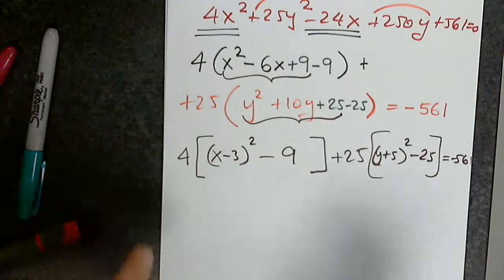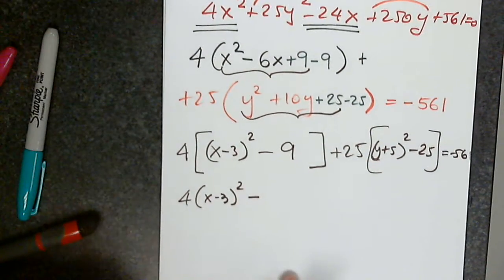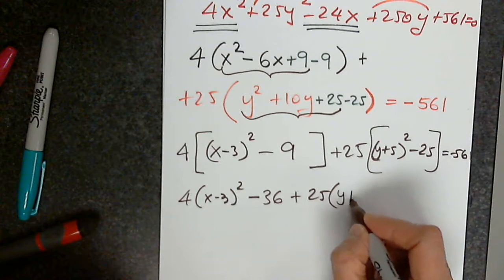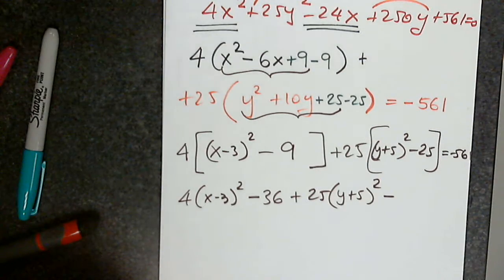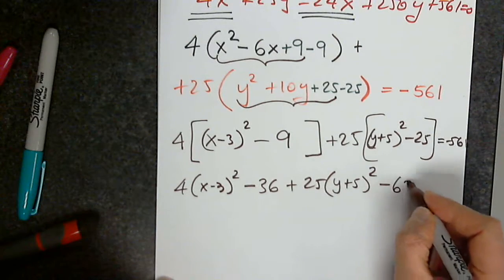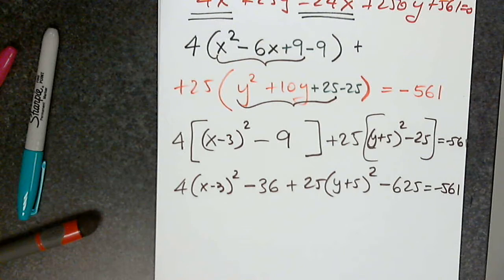Ready? So this is 4 times the quantity x minus 3 squared minus, good, plus 25 in parentheses y plus 5 squared minus 625 equals negative 561. We are much closer than we started, right?